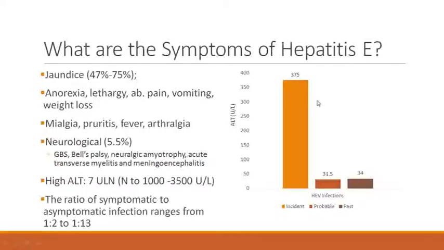So the people who met case definition of hepatitis E had high ALT levels, which was the median of 7 times the upper limit of normal, and the range was between a few cases where ALT was normal to all the way to 1,000 or even 3,500 units per liter. The ratio of symptomatic to asymptomatic infection ranges between 1 to 2 cases to 1 to 13.